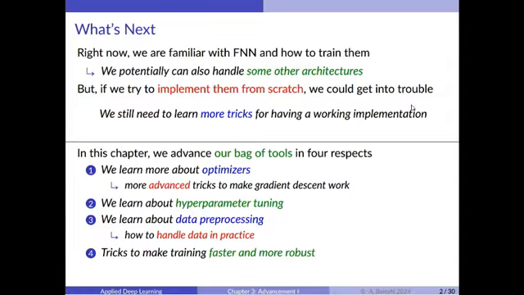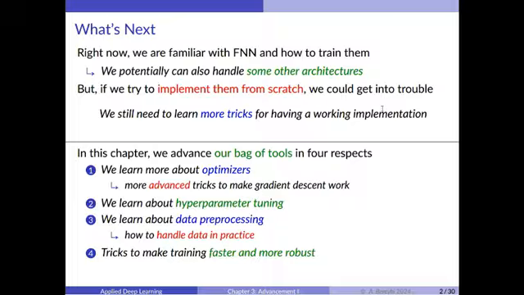Now, we can handle architectures. We saw FNN, fully connected version 1 especially, and we talked about optimizers a little, and we talked about hyperparameters, but we want to get deeper.